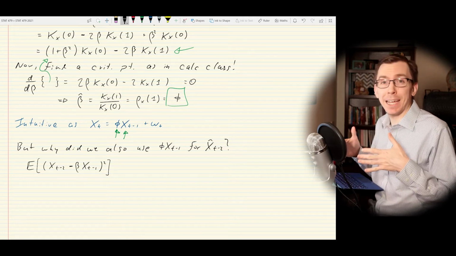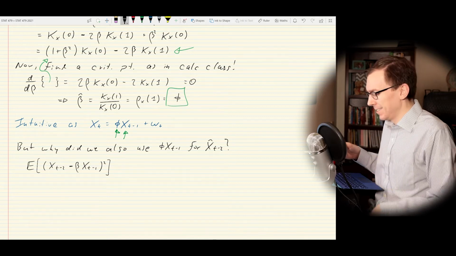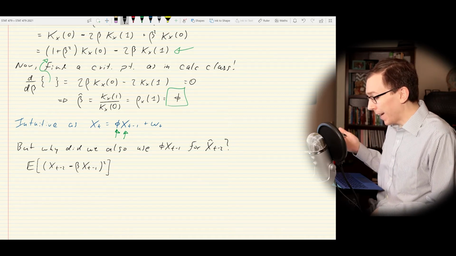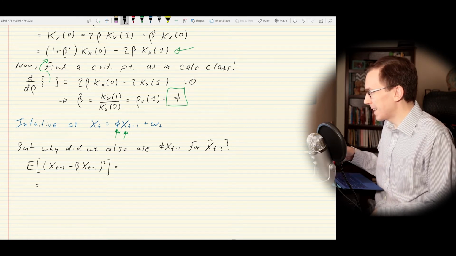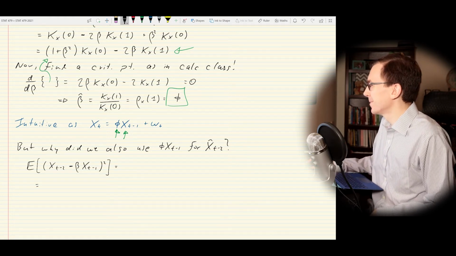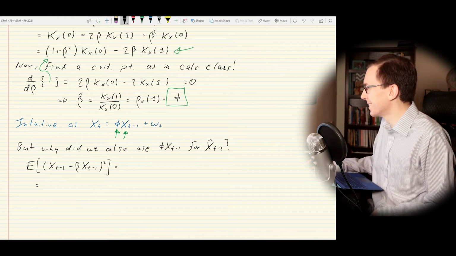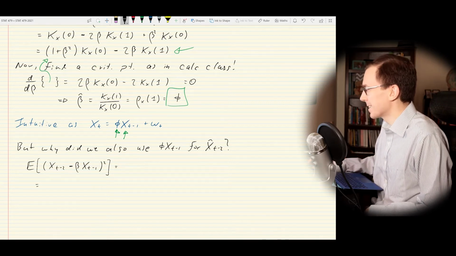We want to find the beta that minimizes the expected squared error, the least squares equation. I'm finding the least squares estimator, which is the one that minimizes this thing.